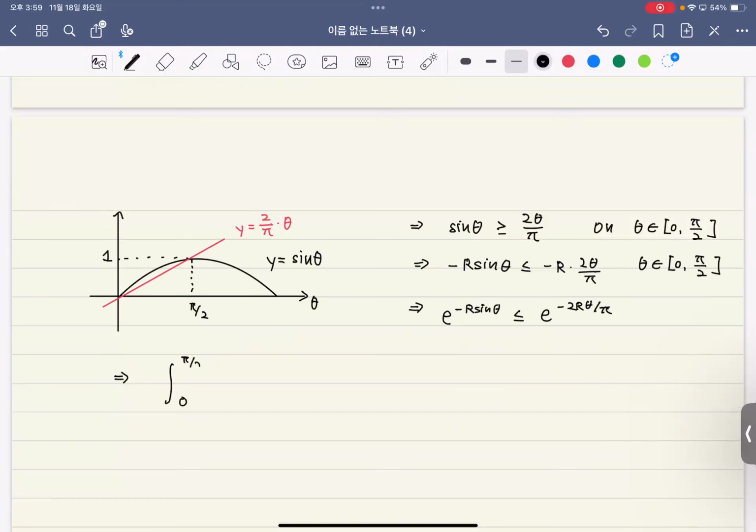Therefore, if you integrate these functions from 0 to pi over 2, the integral of e to the minus 2R theta over pi d theta is just pi over 2R times 1 minus e to the minus R. Okay. Yeah, great.